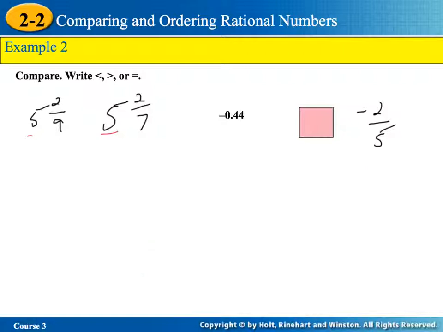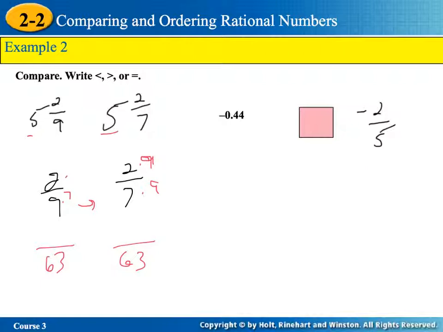However, we have 5 and 2/9 and 5 and 2/7, so I'm going to compare 2/9 and 2/7. How I do that is I like to find a common denominator. The easiest way, and you can do it multiple ways, is to take 9 times 7, and you get 63. So a common denominator of 63, then whatever you multiply the denominators by, you have to multiply the numerators by.